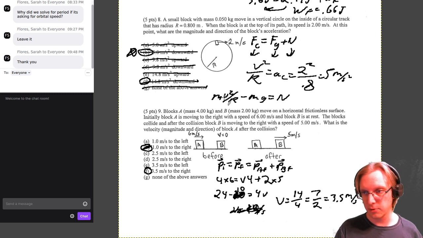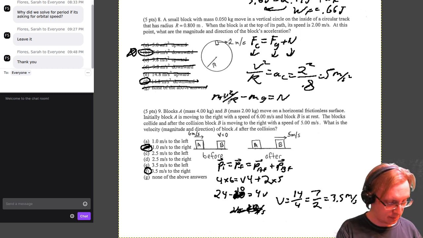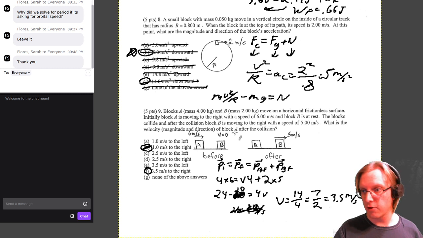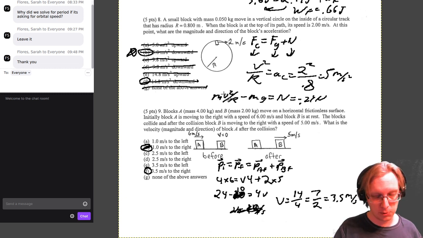So I need to multiply that by the mass, 0.05. And then I would find that the normal force is equal to minus 0.254 newtons. And the only way I would know what the normal force is is if I actually found what the centripetal force was.